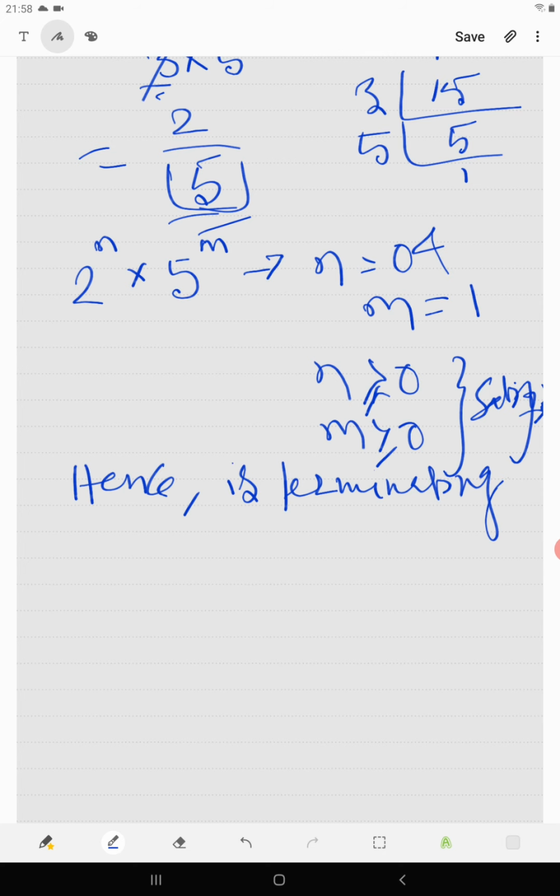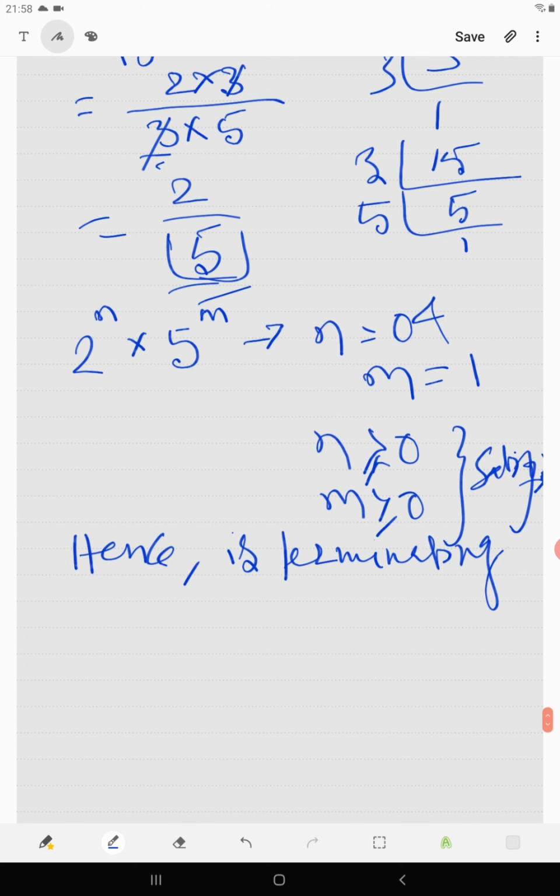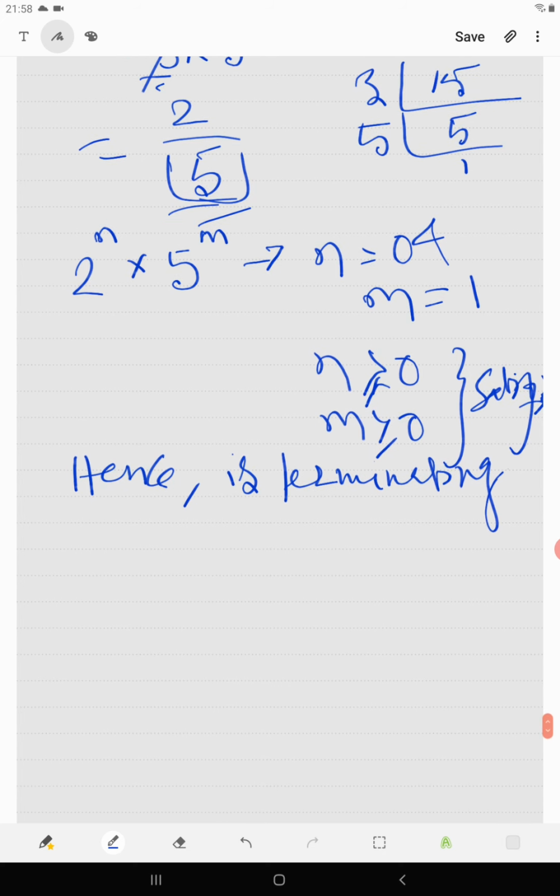Here also in this problem, first I need to make the numerator and denominator co-prime, and bring it to the lowest possible values after cutting, and then apply the form 2 to the power n into 5 to the power m. That is what is being told in the theorem also, that p and q should be co-prime. Okay, now let's move on. So the next problem, ninth one, is 35 by 50.